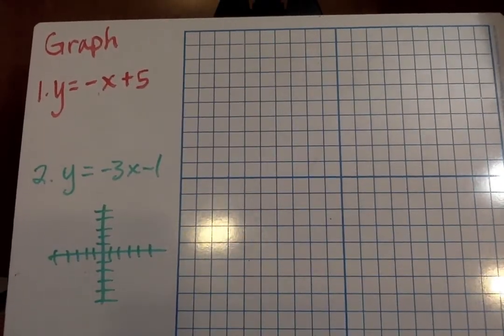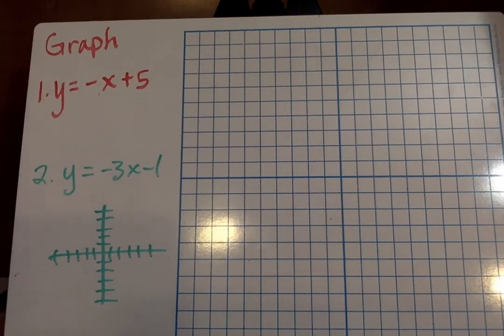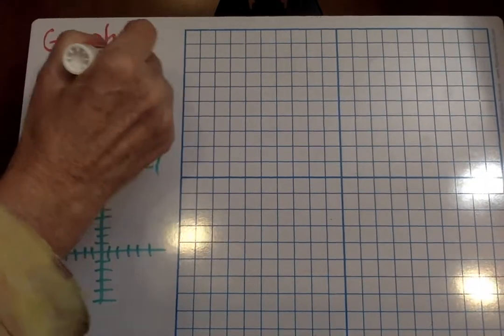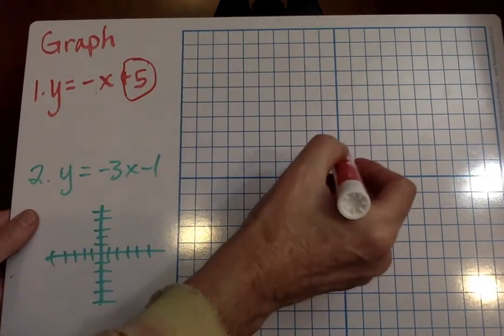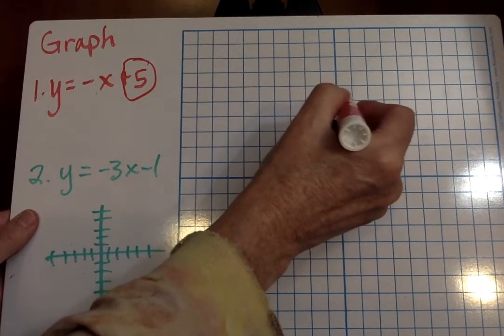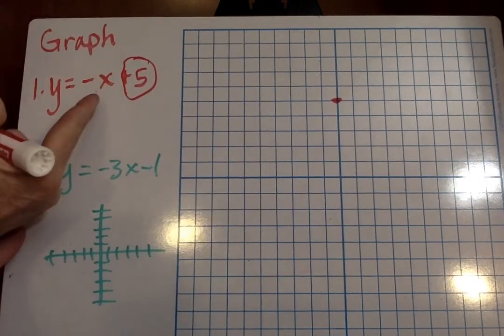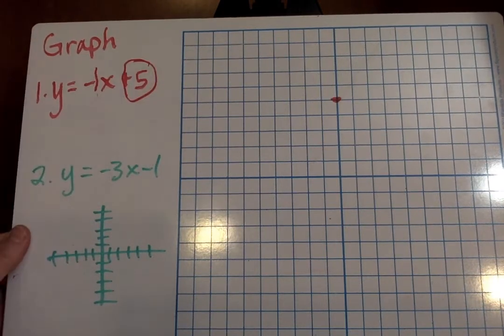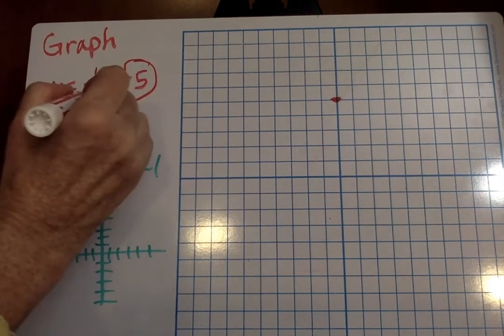Okay. So we have y equals negative x plus 5. I'm going to circle this. This is where we start. So it's our initial point or our starting point, plus 5. 1, 2, 3, 4, 5. This is our slope. If nothing is in front of x, we can put a 1 there. And if that's a whole number, we can also put it over 1.